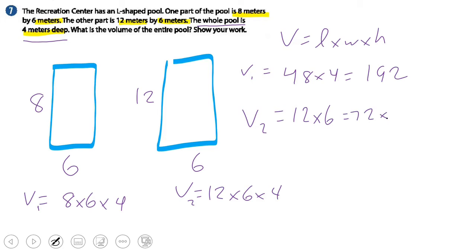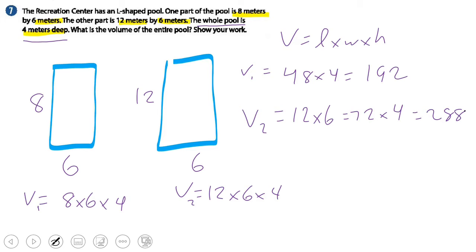And we need to multiply that by 4. 72, 4 times 7 is 28, but that's really 70, so that's 280. 280 plus 4 times 2, which is 8. Together, that would be 288. Okay, so we have 192 cubic meters and 288 cubic meters.